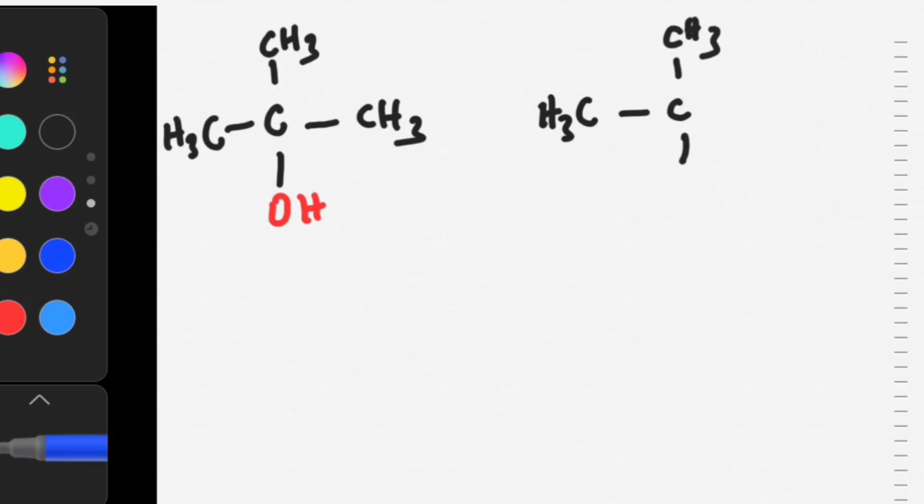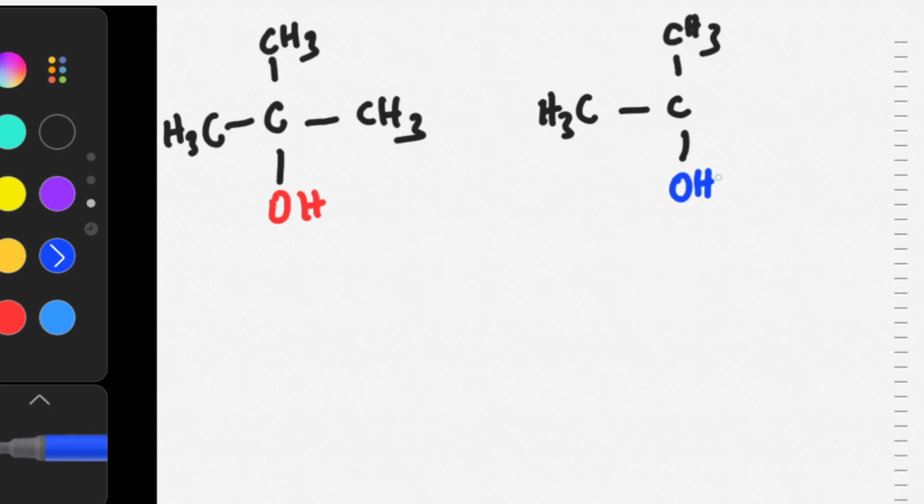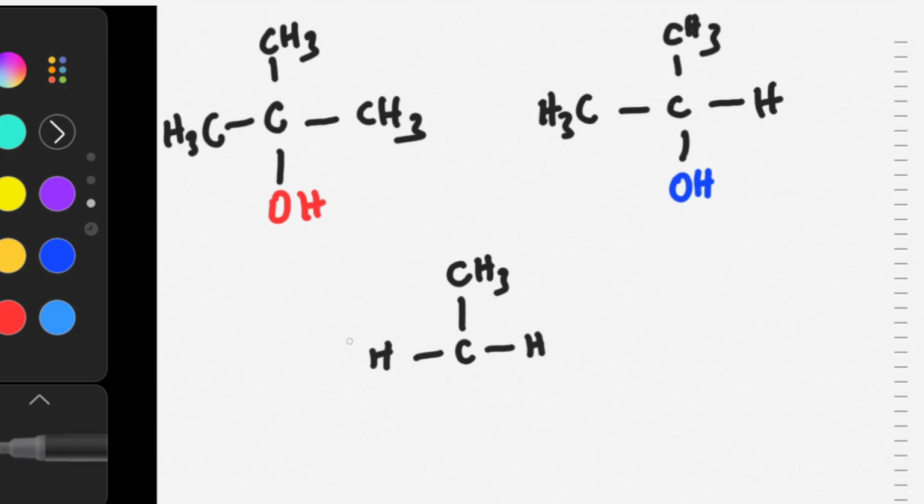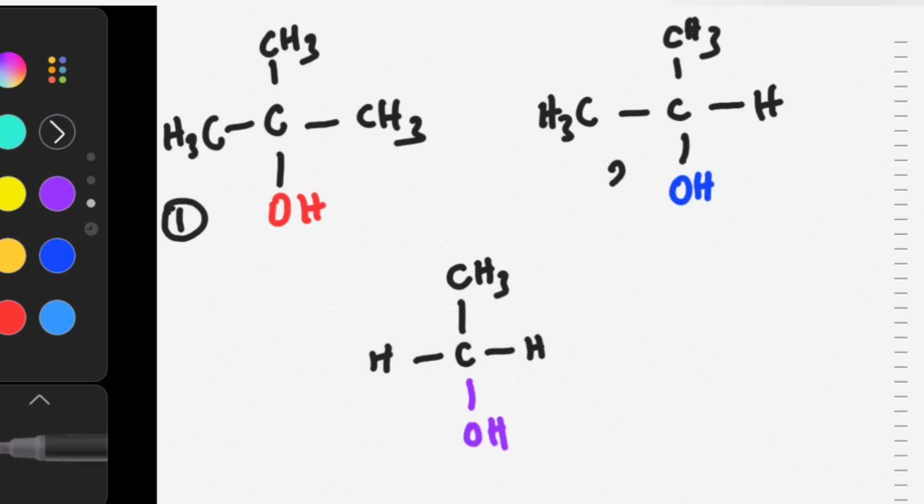Let's have an OH here, then we have hydrogen here. Now let's draw the third one. We have CH3, we have C, we have H, we have H here. Let's say we have OH. Now you can see this is 1, this is 2, this is 3.